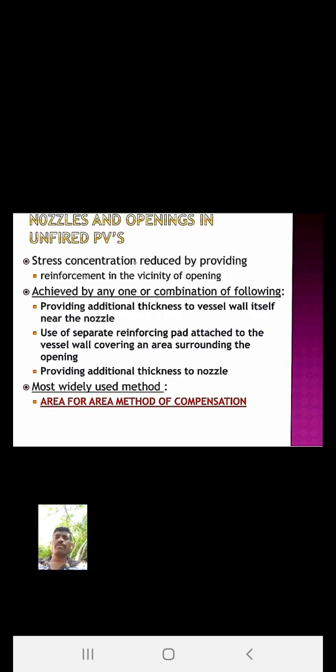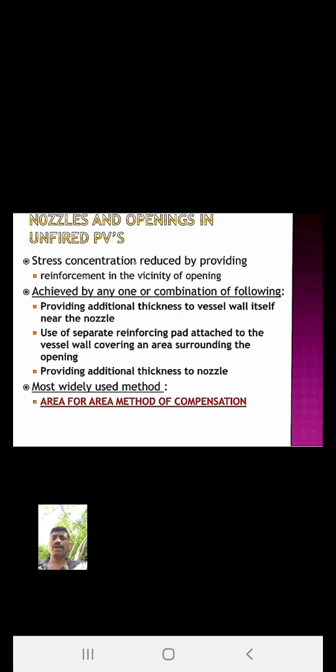With the help of these we can achieve the reinforcement. First, providing additional thickness of the vessel wall itself near the nozzle. Second is the use of a separate reinforcing pad attached to the vessel wall.